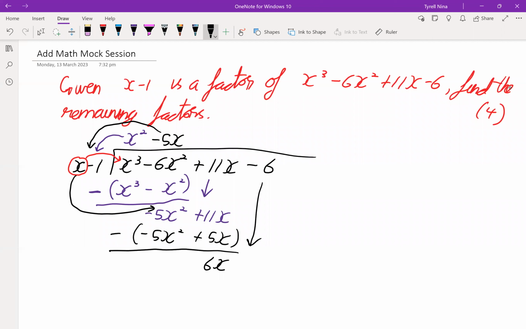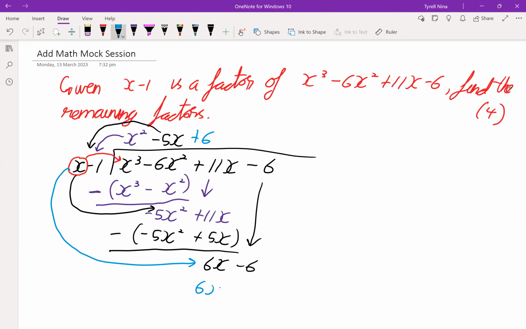Bring this down. Minus 6. Then, we do one at a time. X into 6x is plus 6. 6x minus 6.